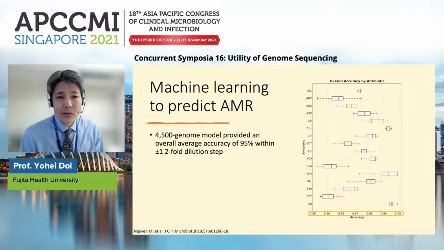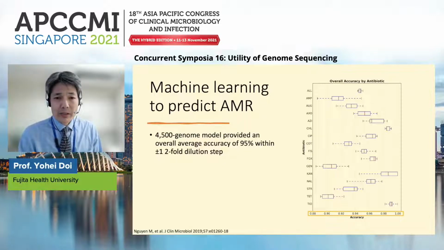So they used 4,500 genomes to build a model that provided an overall accuracy of 90% to predict the actual MICs within a 1-2-fold dilution step.